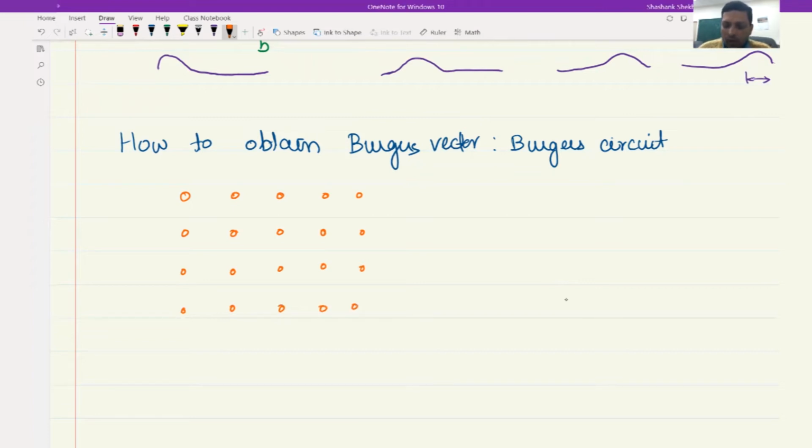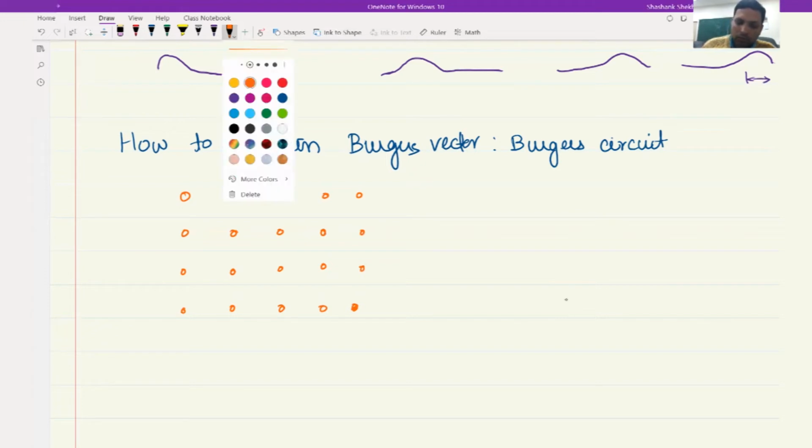Because when you want to obtain the Burgers vector, you need to compare it with the reference circuit, which is obtained on a perfect crystal. So here I'll change the color a little bit.